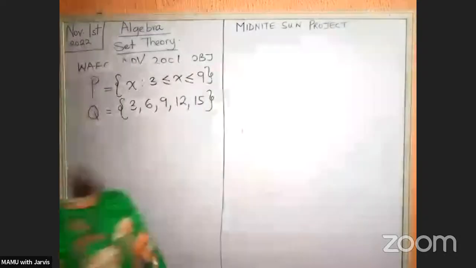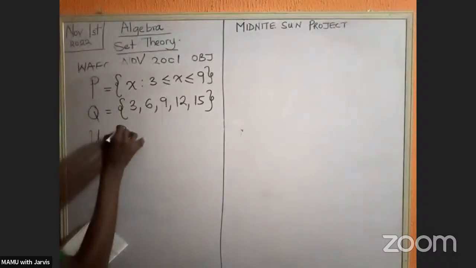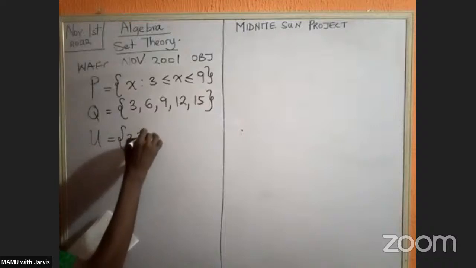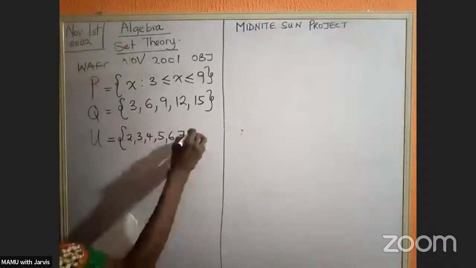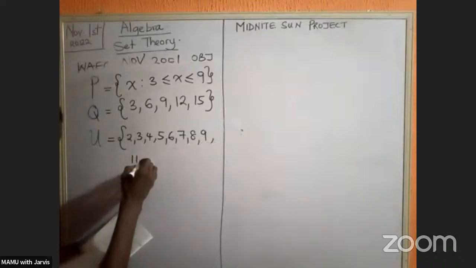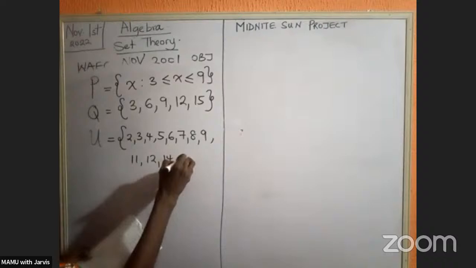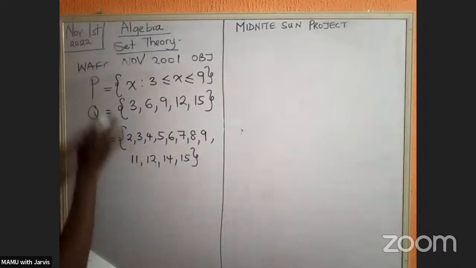Right, so the universal set U will be 2, 3, 4, 7, 8, 9, 11, 12, 14. All right. Now, with this description, what is P?